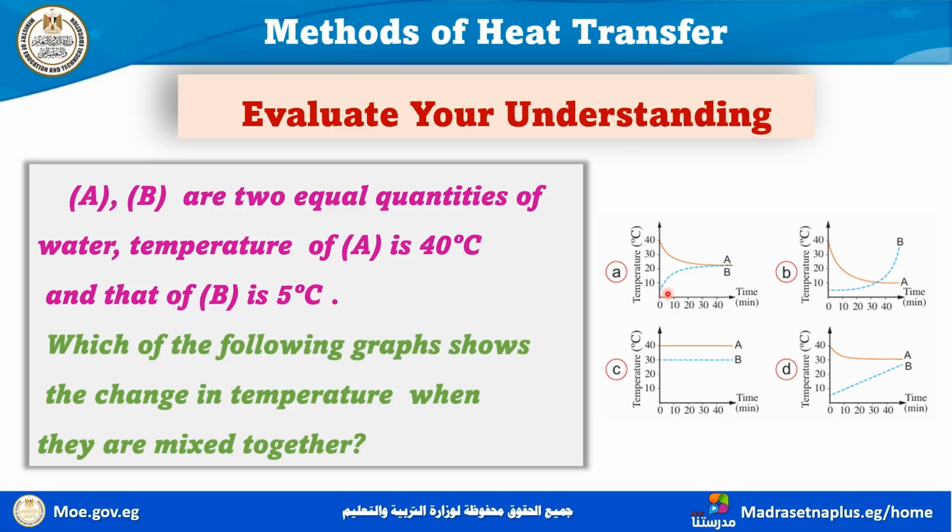If we study these graphs, we will observe that graph A describes the falling down of the temperature of A and the rising up of the temperature of B till they reach the same temperature, about 22.5, while graph B shows a falling of A temperature and rising of B temperature more than A, and this is nonsensical, of course.